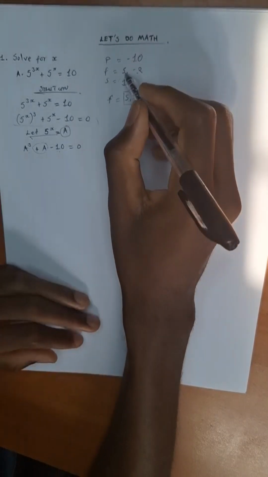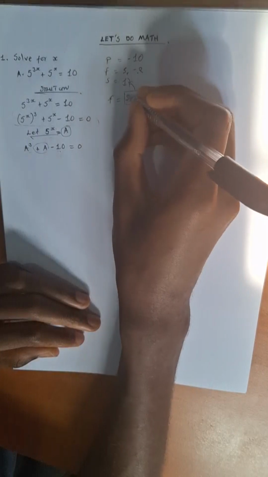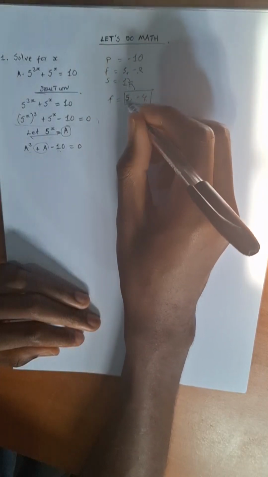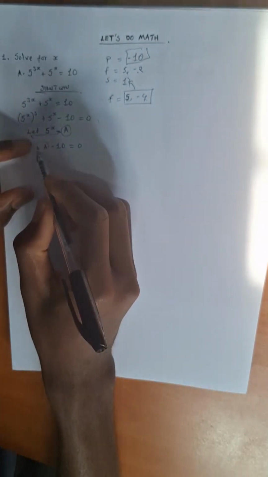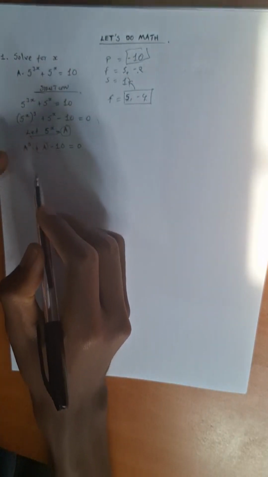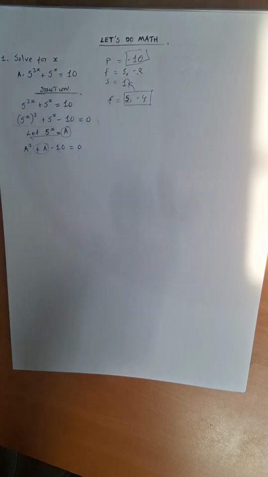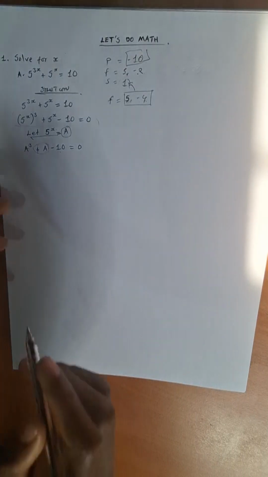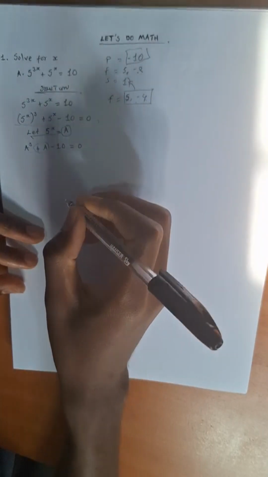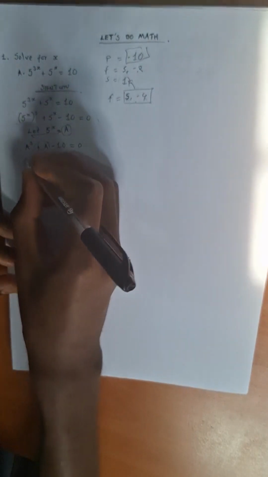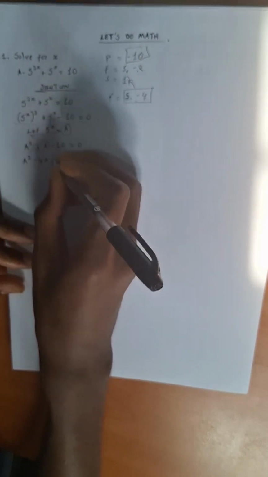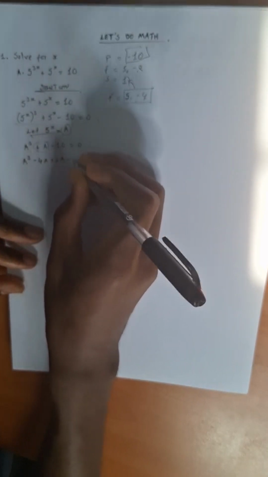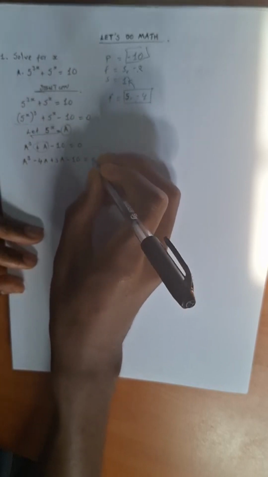So now these numbers won't be used to say we multiply and give us negative 10. No, our concentration will be on this one. We expand this one so we make it easy for us to solve. So we're going to replace this where there's a. So we're going to say a power 3 minus 4a plus 5a minus 10 is equal to 0.